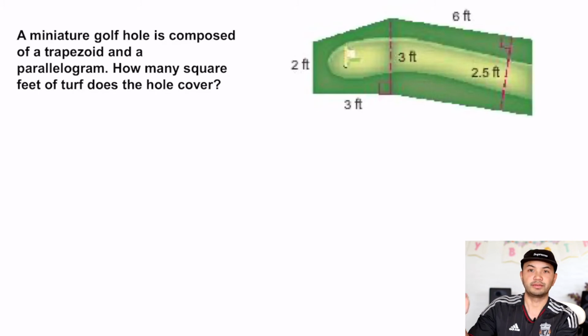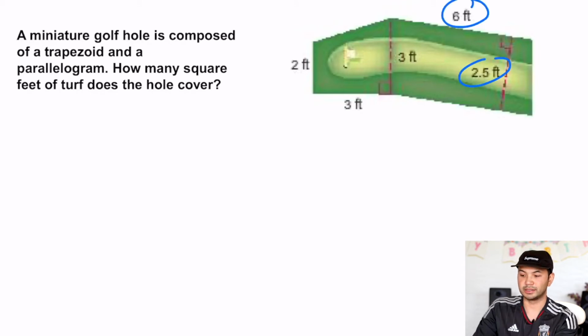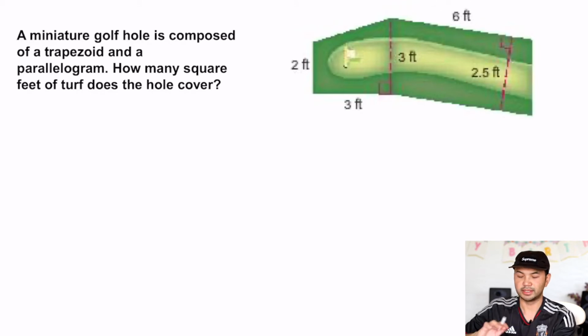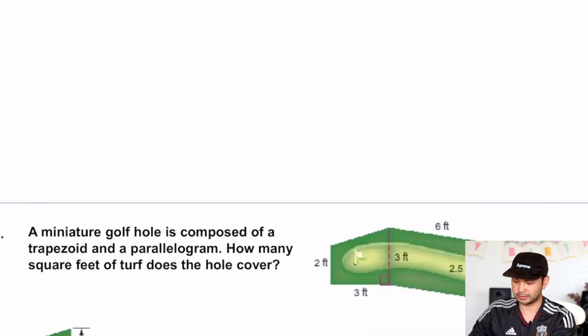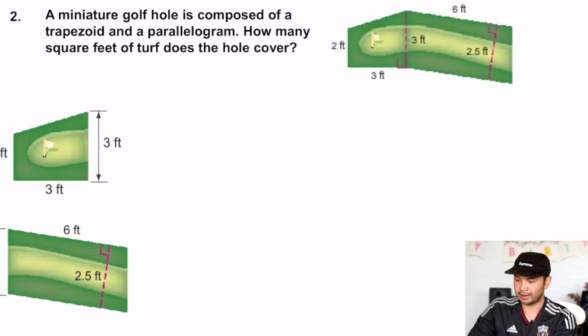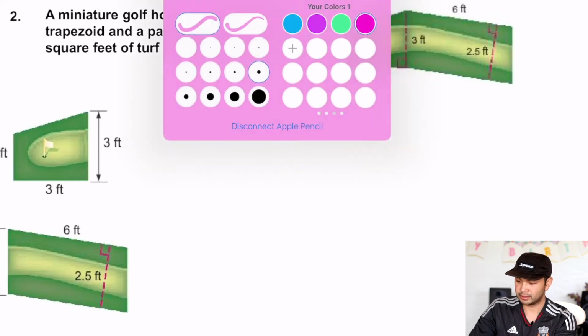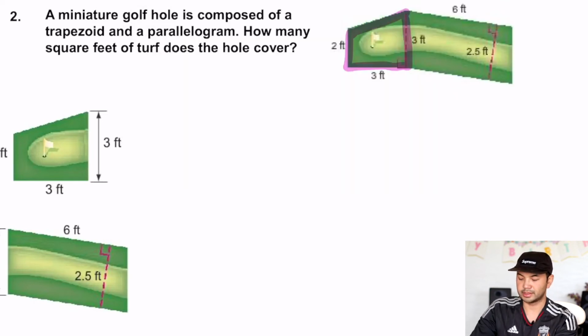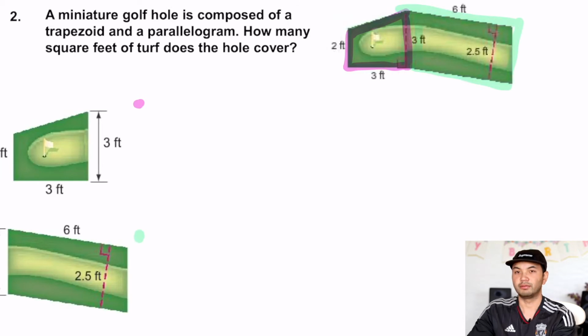So if you remember what a parallelogram is, this is a parallelogram. So this is going to be the base, and this is going to be the height. Okay, so let's split that up into these two pieces here. As you can see, you have this region right there, which is a trapezoid. And then you also have this parallelogram that I was talking about right there.